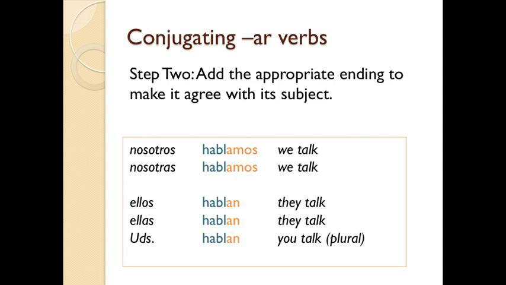Or if you want to say y'all talk, you say ustedes hablan. So again, hablan can either mean they talk or you all talk. So it's often a good idea to put the pronoun, the ellos, the ellas, or the ustedes, if it helps the listener or the reader understand it. So, amos and an are your plural endings.